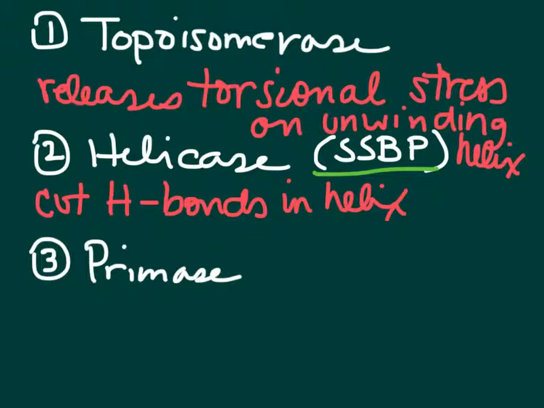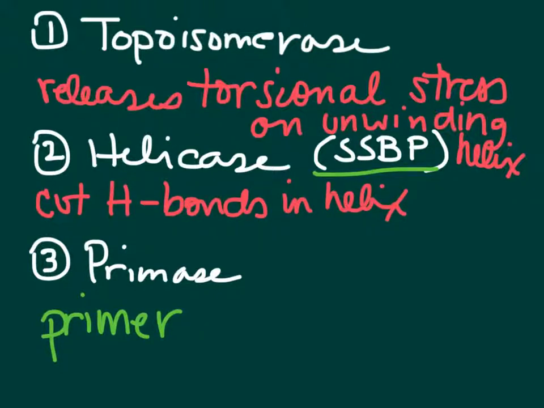So we attach a primer so paint has something to stick to. Just like primer, in that case, nucleotides can't stick to nothing. So on the new strand, there has to be a small, short primer that gets attached, and then new nucleotides can be added. That primer is attached by primase.